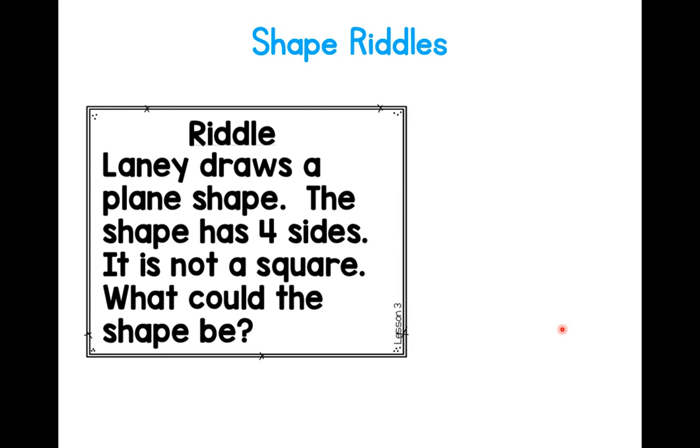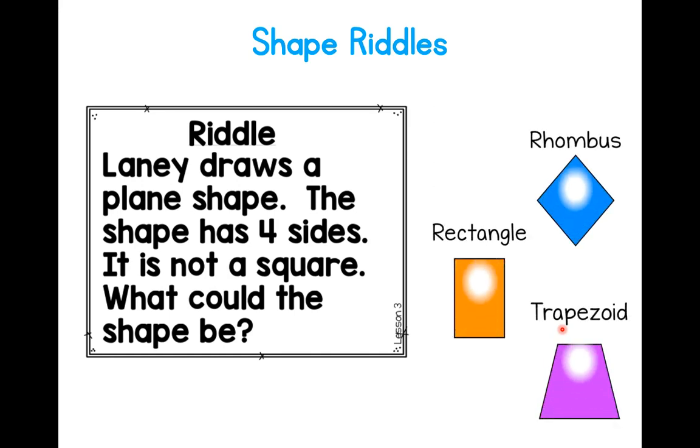And we saw that there were a lot of different quadrilaterals. Some ideas that I've come up with. I know that a rhombus, rectangle, and trapezoid are just some quadrilaterals that have 4 sides, that they are not squares, but they do have 4 sides. So it could be one of those shapes.